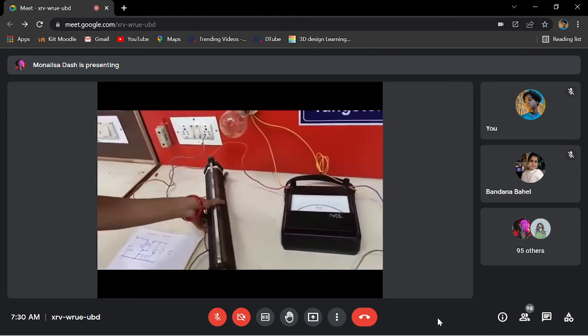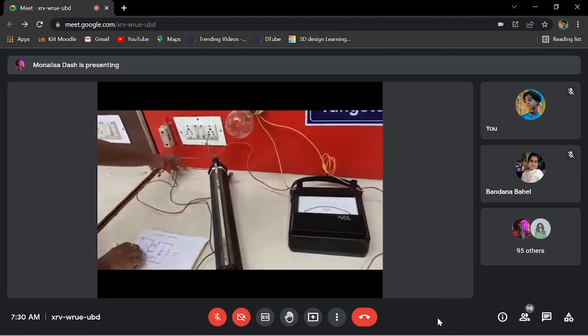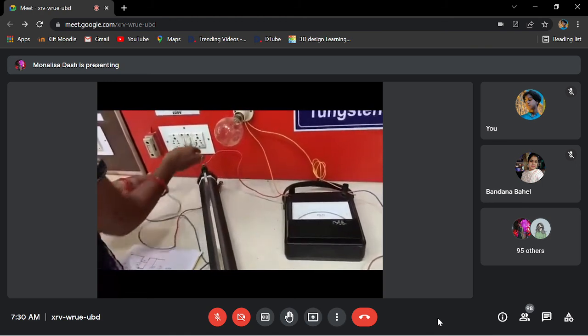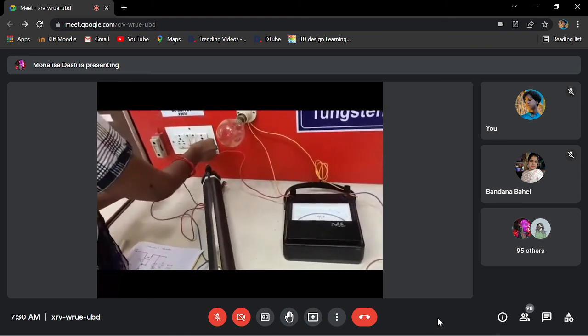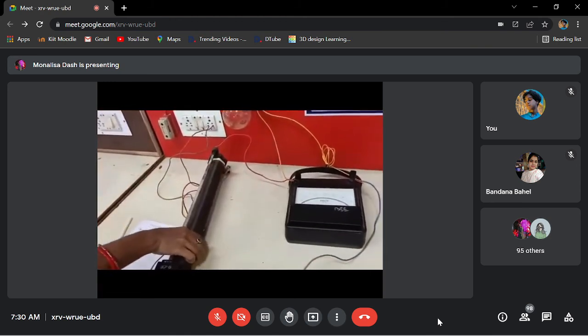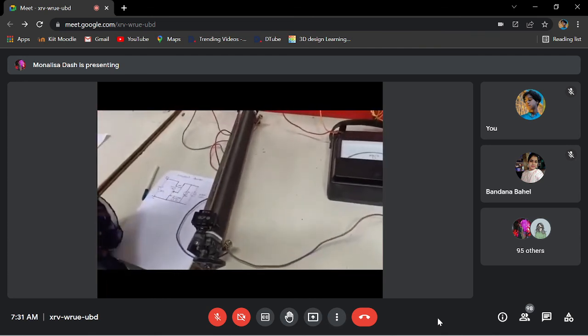Now we will connect the circuit and switch it on.